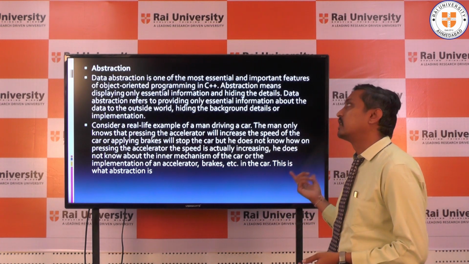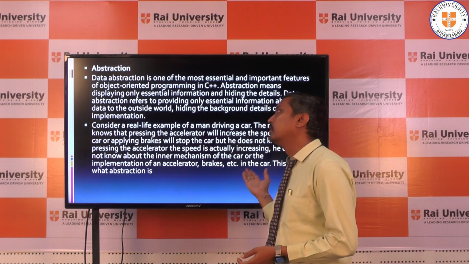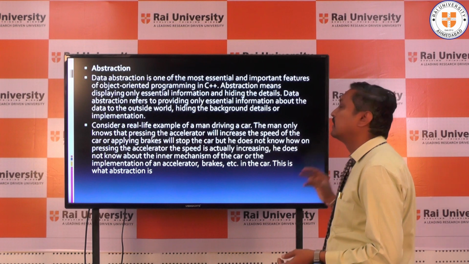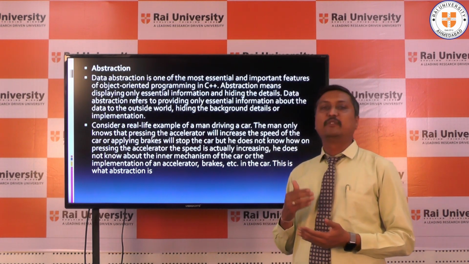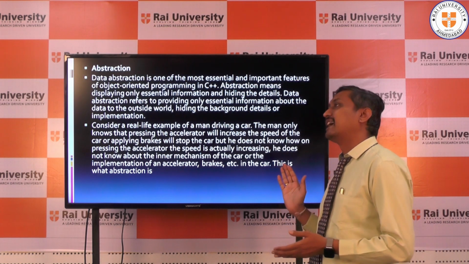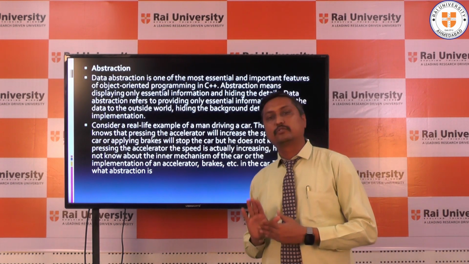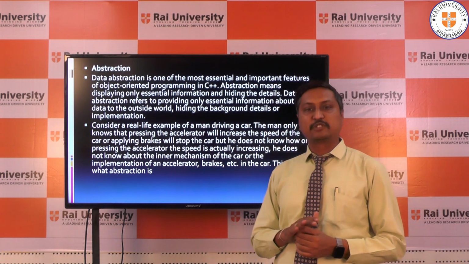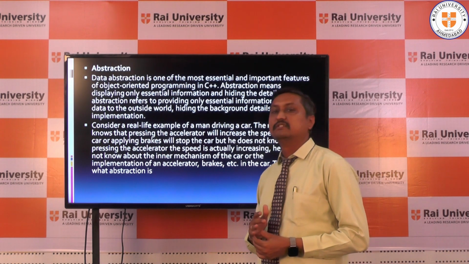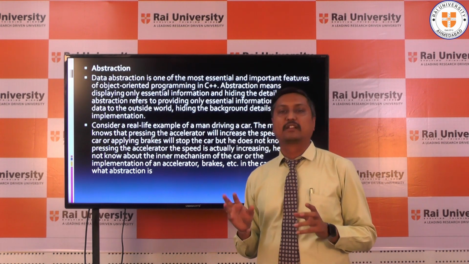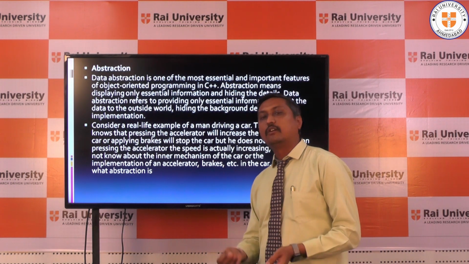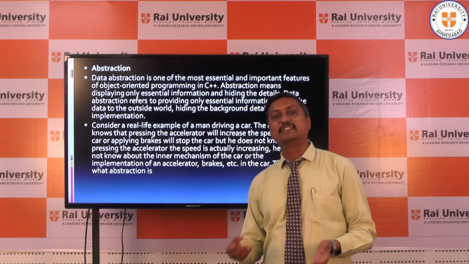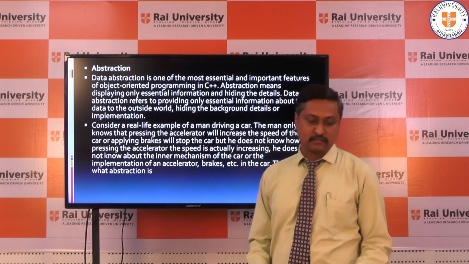That concept works on abstraction. Here I give you the same example of a car. When you are driving the car and accelerate to maximize your speed, you can just see a speedometer, not the background working of the acceleration. That is called abstraction.